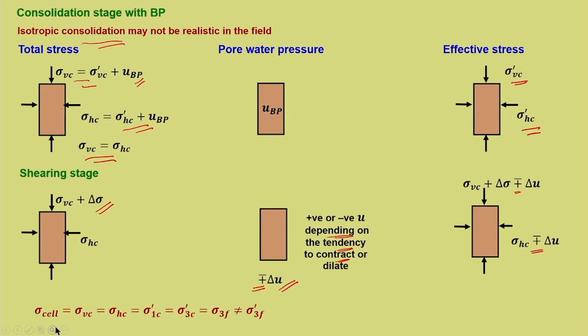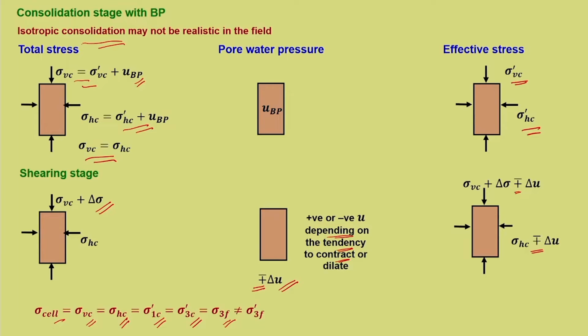Here there is also an important aspect which we need to understand, which we know, but it is better that we confirm this again and again. So cell pressure is equal to sigma Vc equal to sigma Hc for isotropic consolidation, which is equal to sigma dash 1c, sigma dash 3c, provided pore water pressure is 0, and sigma 3c is equal to sigma 3f, but that is only in terms of total stress.